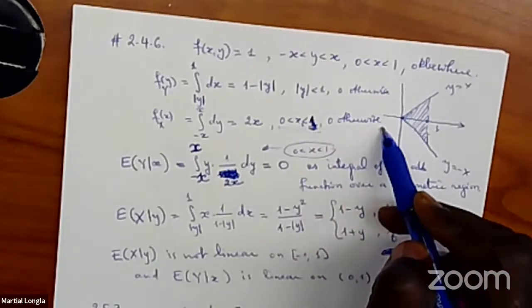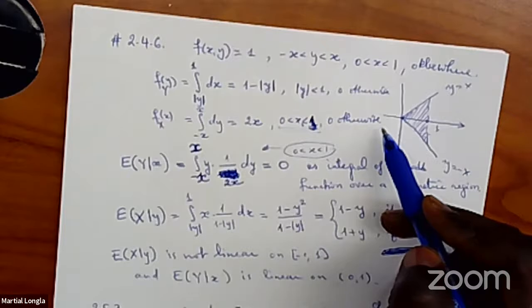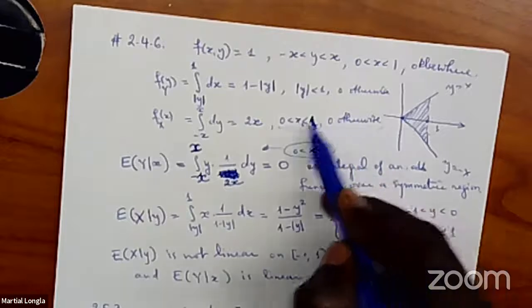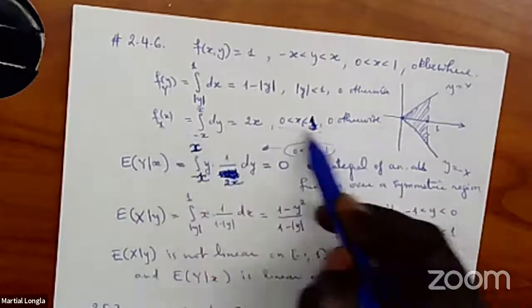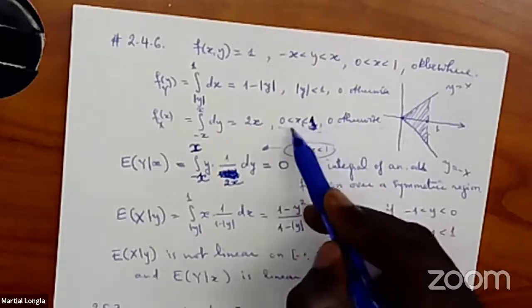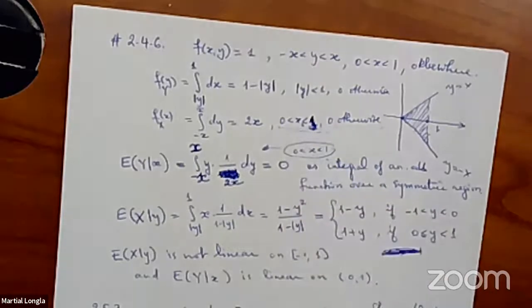0 otherwise. This is the part where the problem is saying on a set of non-zero measure, because it's not everywhere. It's not for all values of x that this answer is correct. It's for x between 0 and 1, and the measure of this set is not 0.